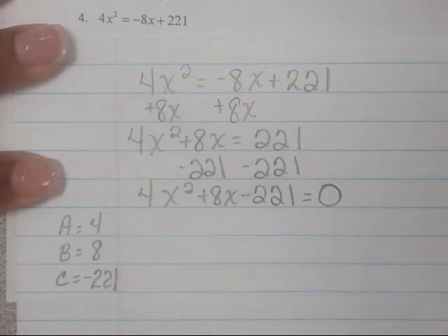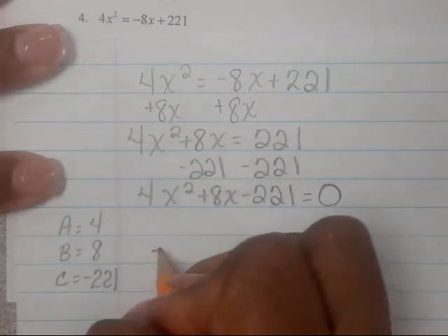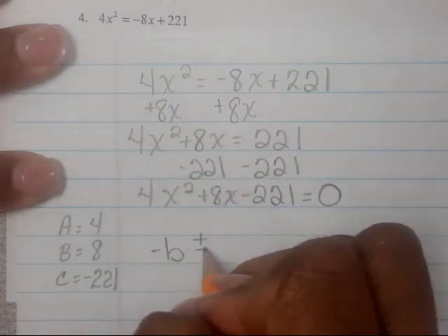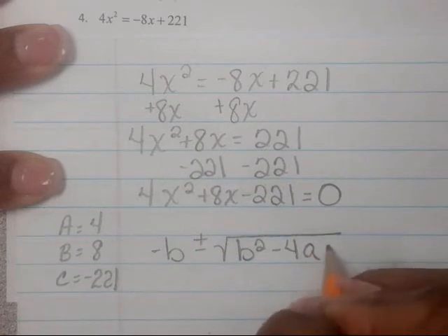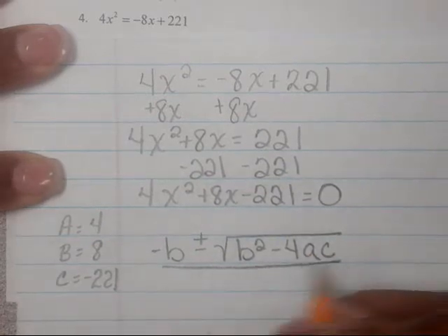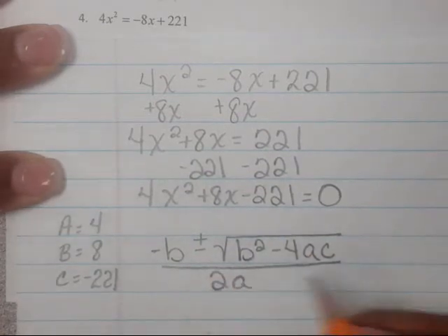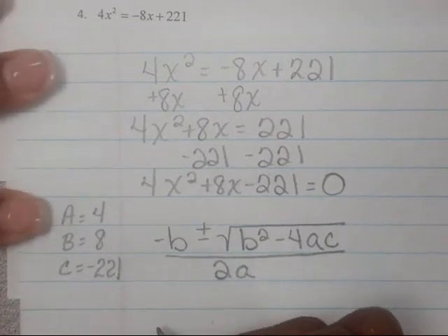Like always, start with my equation. Negative B plus or minus the square root of B squared minus 4AC over 2A.